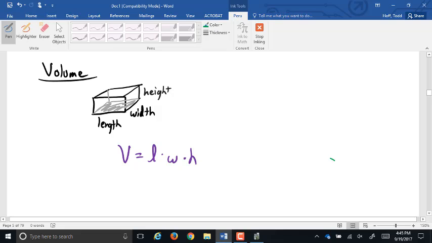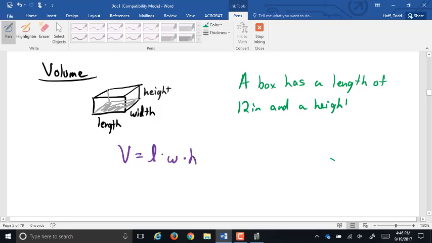So let's say we have a box that has a length of 12 inches and a height of 8 inches.